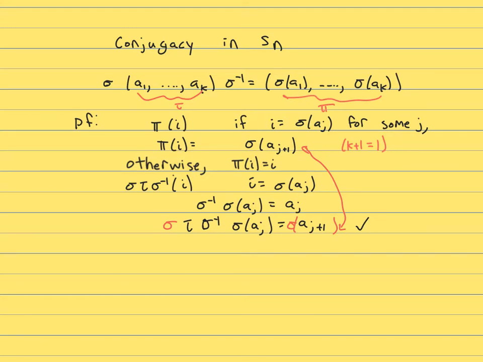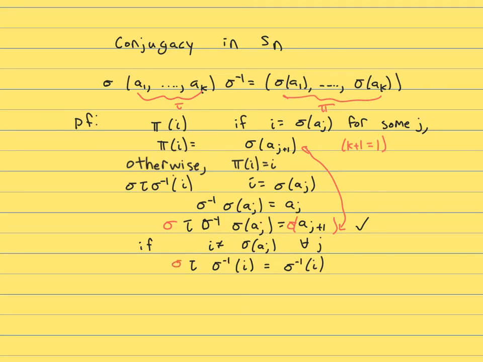What if that doesn't happen? Then, looking at sigma inverse of i, what happens when I compute tau of it? Well, sigma inverse of i is not any of these elements appearing in the cycle, and so tau of sigma inverse of i is just sigma inverse of i, because tau only changes elements of the form a_i for some i, and this is not one of those elements.